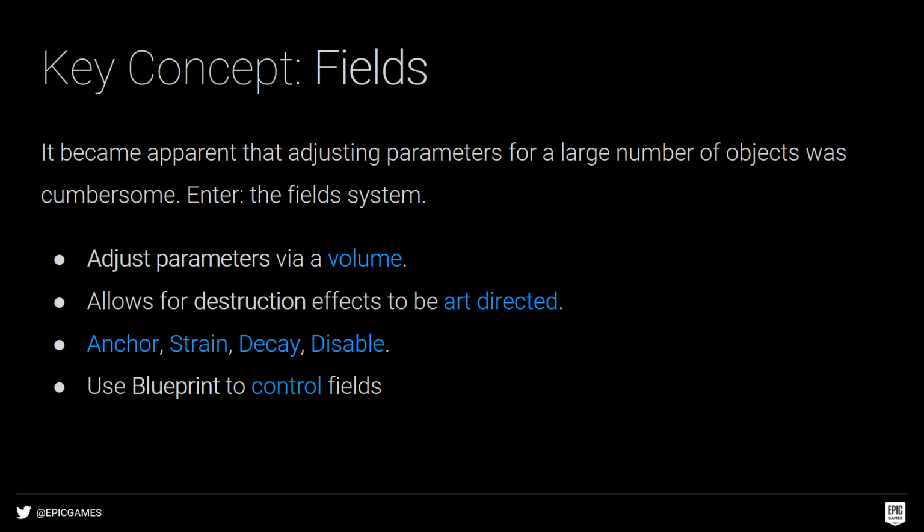The field system allows you to define parameters, in this case physics parameters, based on a volume. We have a few different types of these: an anchor field, strain field, decay field, and a disable field. We're still figuring out which fields make the most sense, but all of this is accessible through Blueprint. So if you wanted to come up with your own crazy field that made all sorts of swirling patterns, you could do that too.